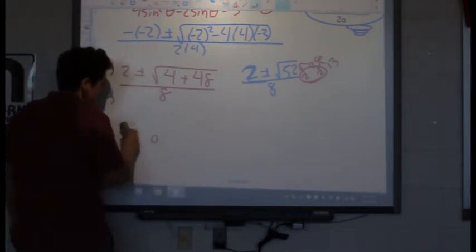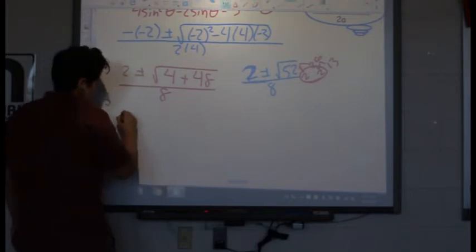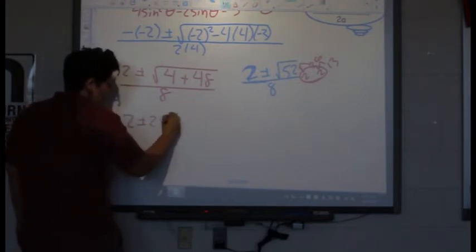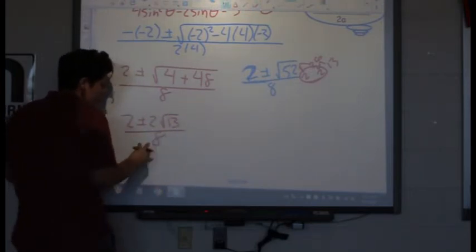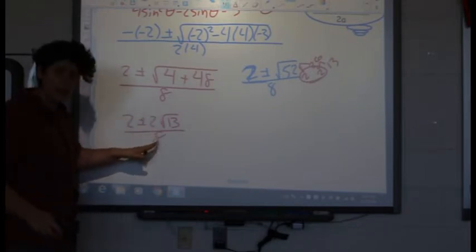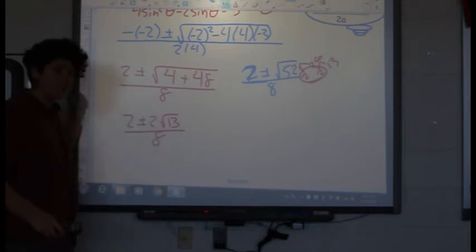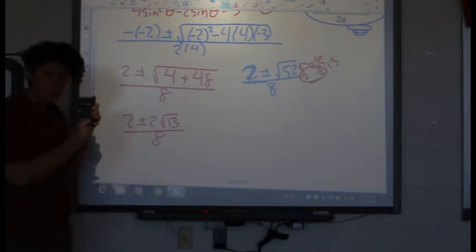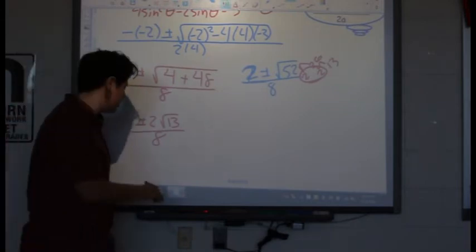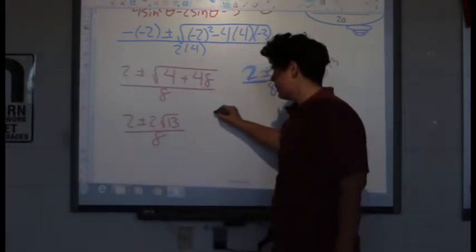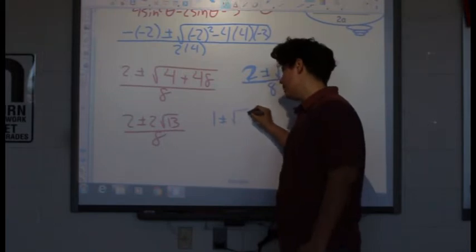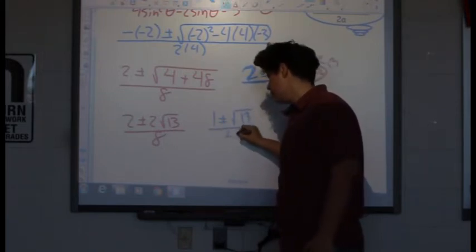Let me fix that here. I have 2 plus or minus 2 square roots of 13 divided by 8. Now I have a 2 and an 8. They all have a 2 in common, so I'm going to go ahead and divide through. So I have easy numbers to put into my calculator. So that gives me 1 plus or minus the square root of 13 divided by 4.